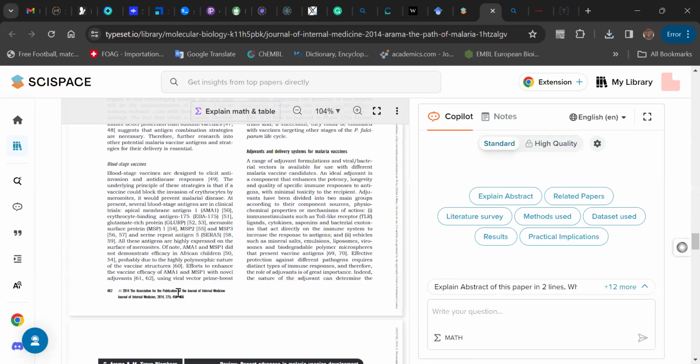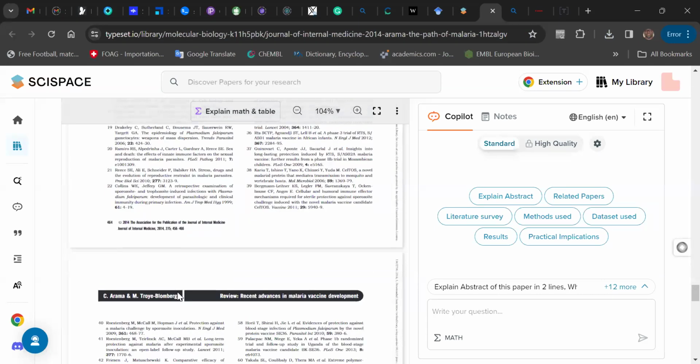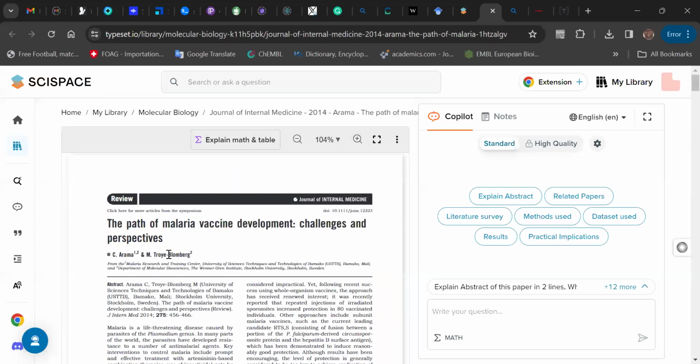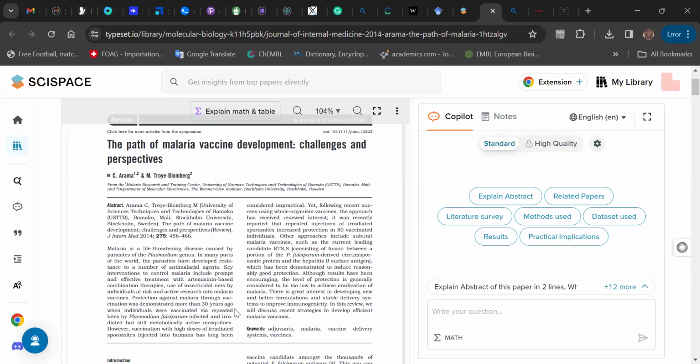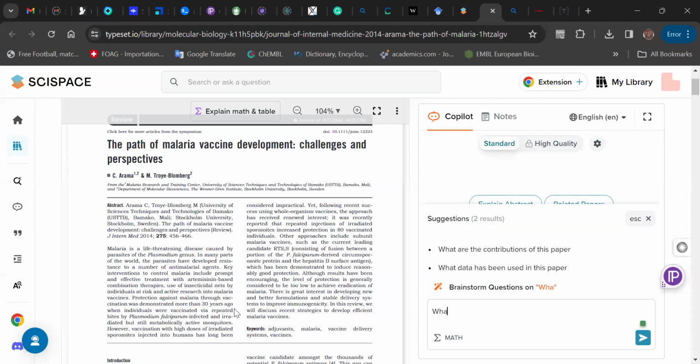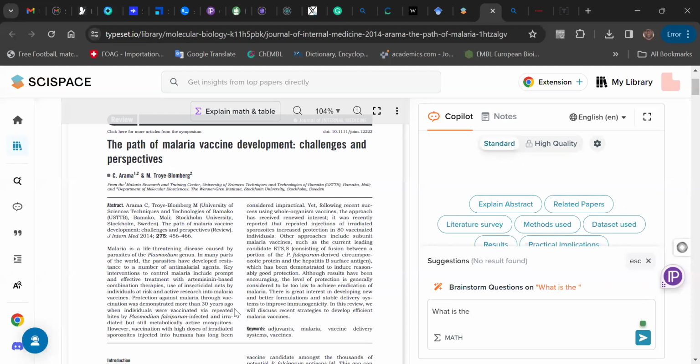And you can use Scispace to ask questions on this paper and see what it can do for you. For instance, with this paper, I want to know what is the practical implication of this paper.